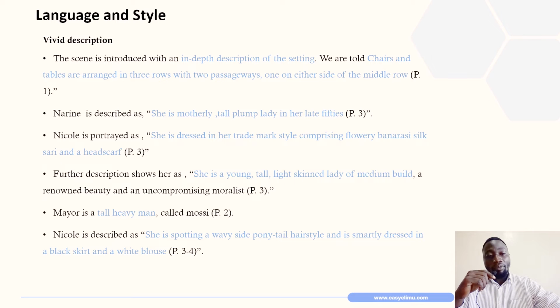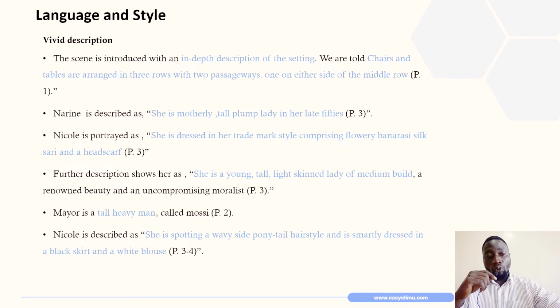Meyer is also described as a tall, heavy man called Mosi. Nicole, again, is described as sporting a wavy side ponytail hairstyle and is smartly dressed in a black skirt and a white blouse. So both the principal, Nareen, and Nicole have been vividly described, looking at their outward appearance.